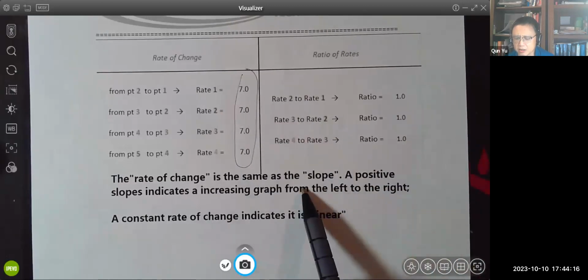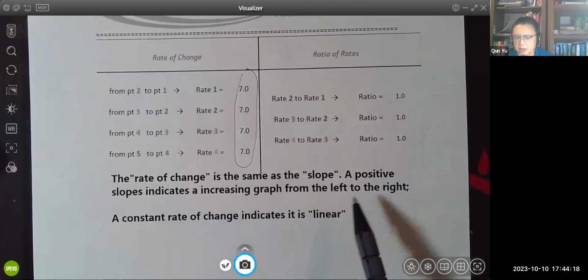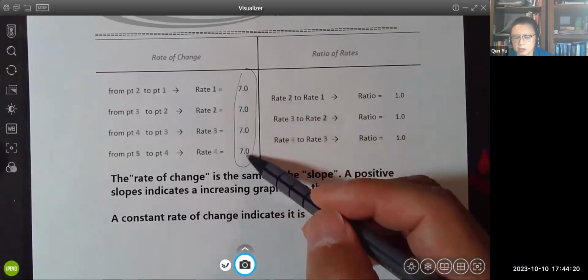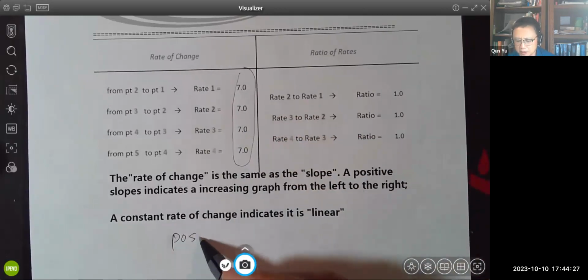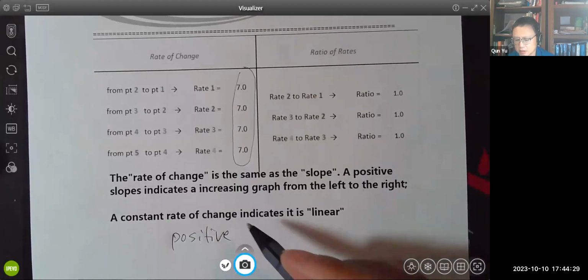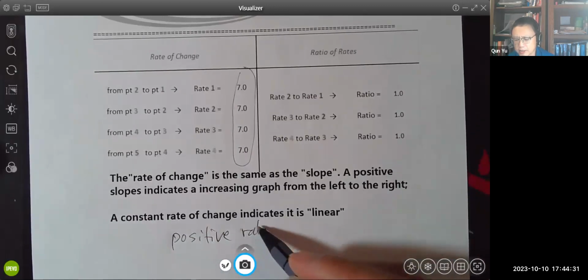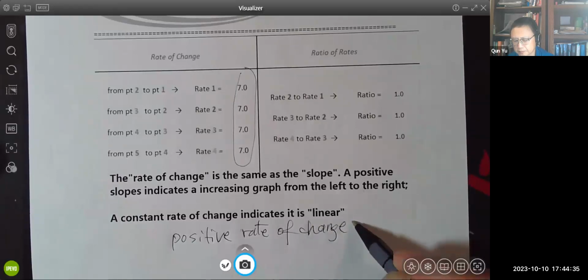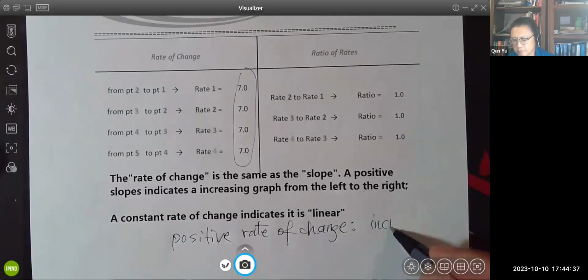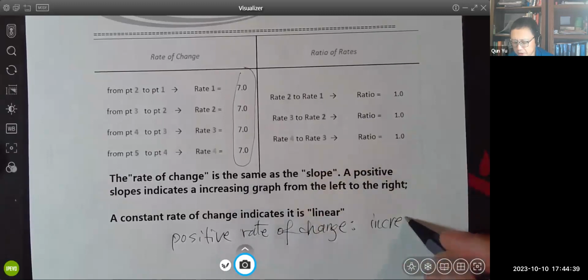Secondly, if they ask you, is this increasing or decreasing? A positive slope, let's say rate of change, always indicates increasing, regardless of whether they are the same or not, okay?